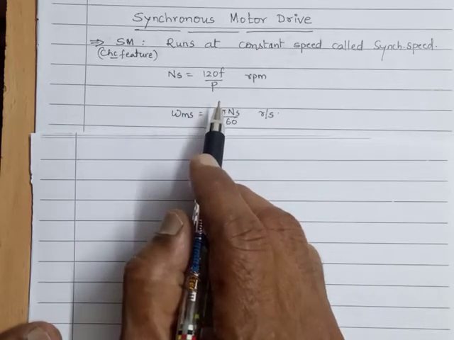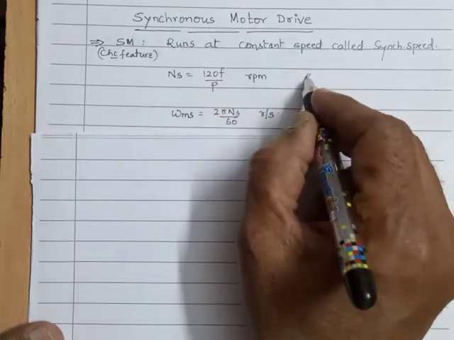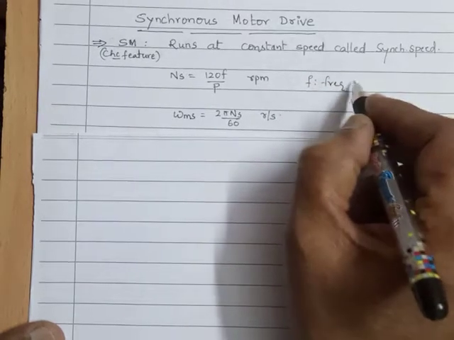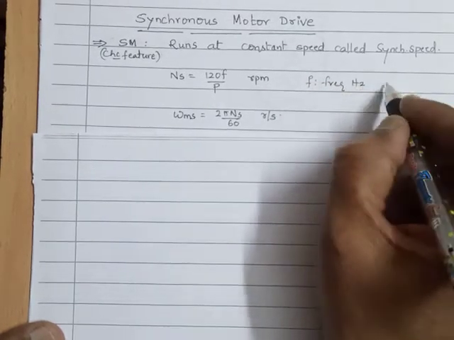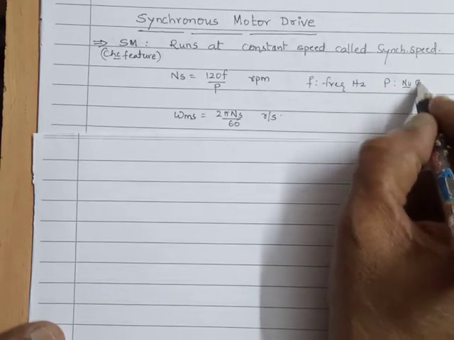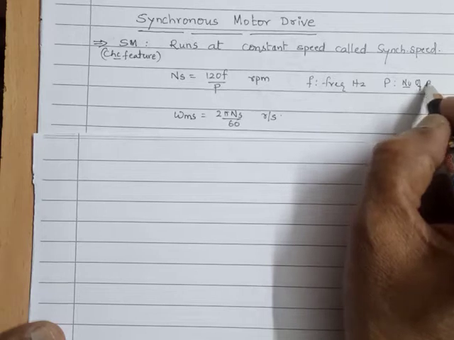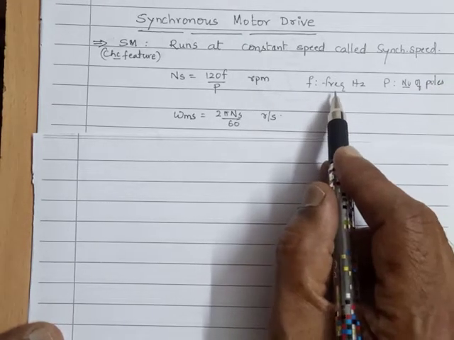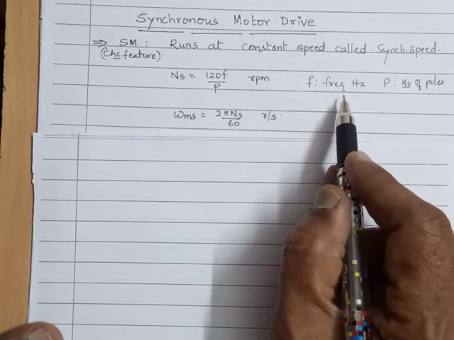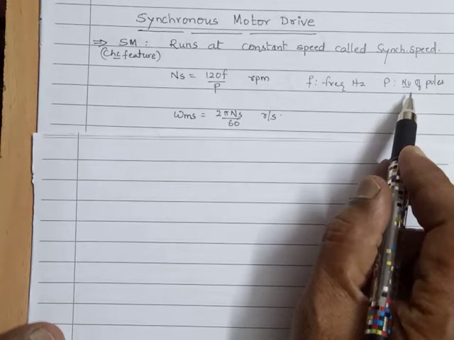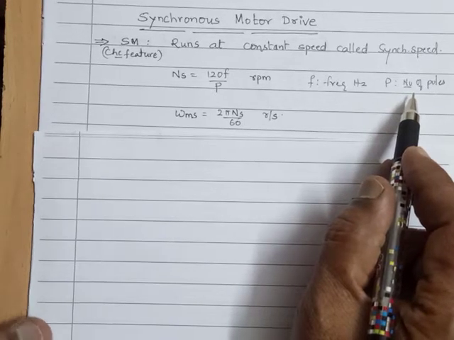We know that f is the frequency in hertz, and p is the number of poles. This f is the frequency of the AC supply given to the motor, and p is the number of poles for which the winding is done.